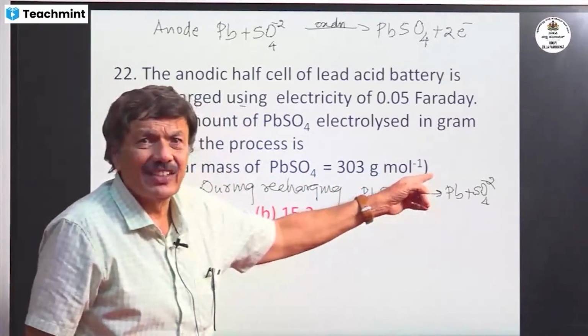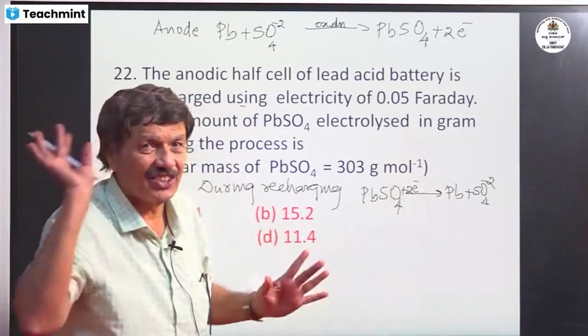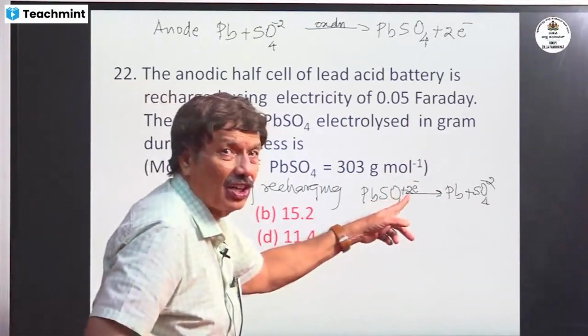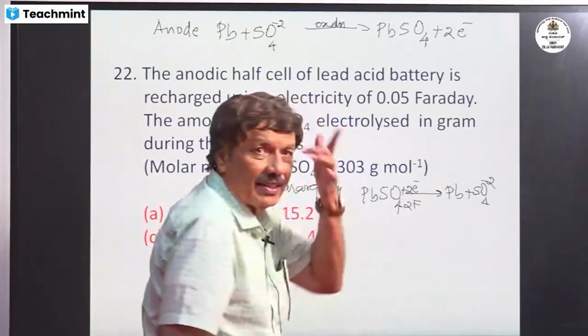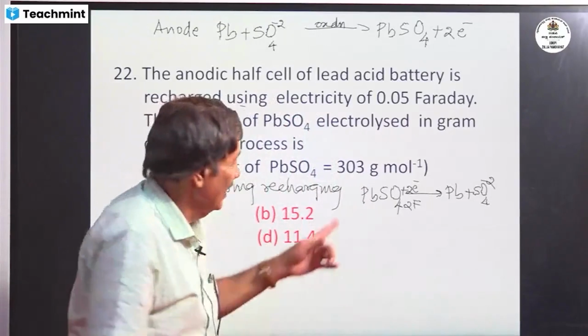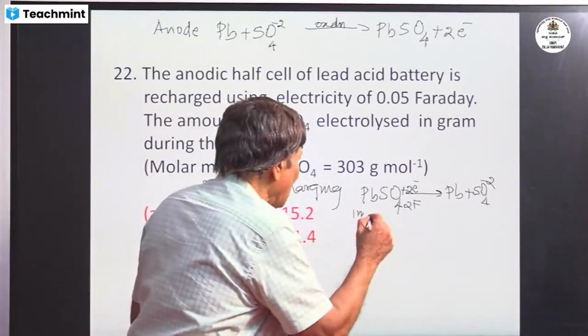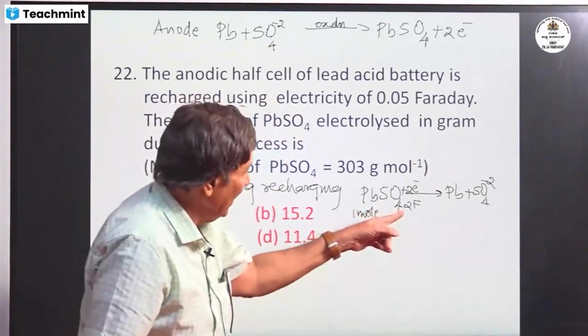Such equations, any equations, ionic equations are to be balanced atom-wise as well as charge-wise. So 2 electrons means 2 Faraday. If you pass 2 Faraday charge, 1 mole of this will be electrolyzed. For 2 Faraday, 1 mole.